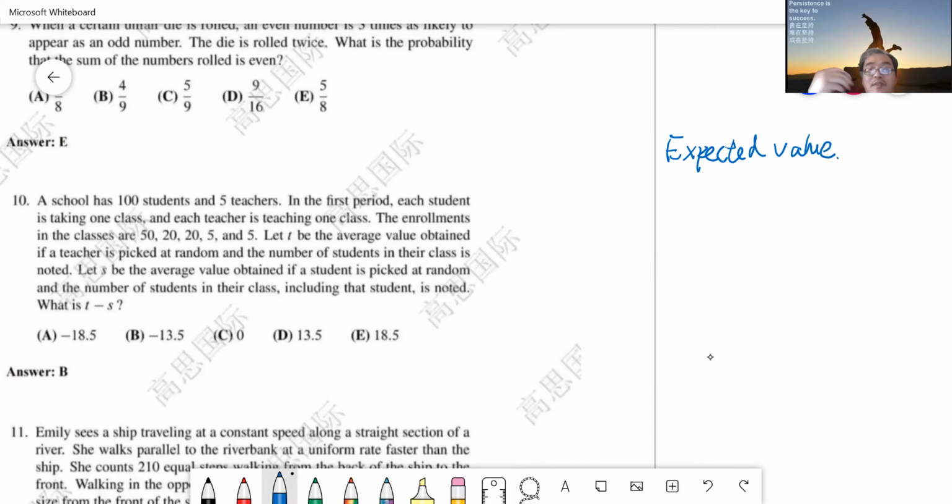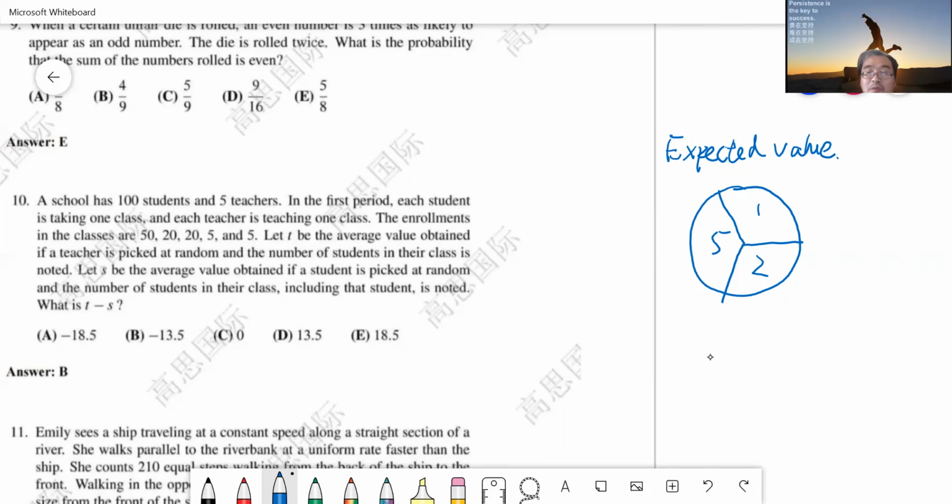All right, so let's give a simple example. If we have a spinner with 1, 2, and 5, these three are equally likely. If we rotate it and randomly point to one of the numbers, what is the expected value?